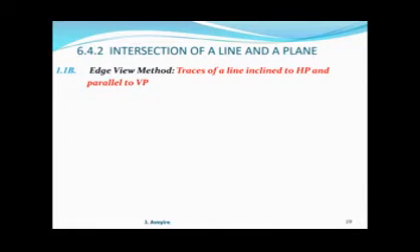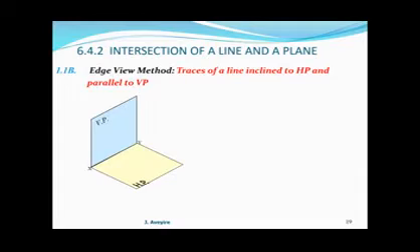1b. Example: looking at the case of the trace of a line inclined to HP and parallel to VP. Here we have a vertical plane, a horizontal plane, and a reference line, which indicates the edge view of either VP or HP respectively. Now we have introduced our line here, AB. This line is oriented such that it makes an angle of theta to the horizontal plane.